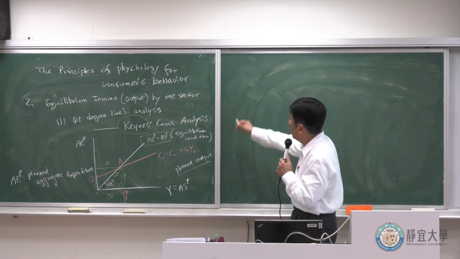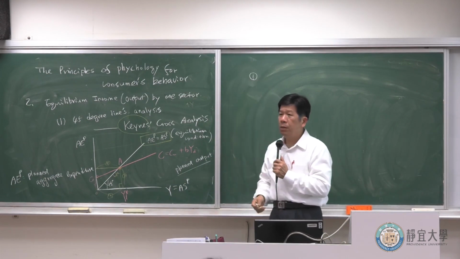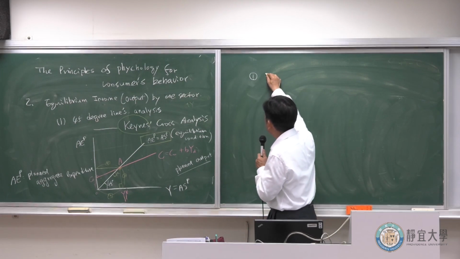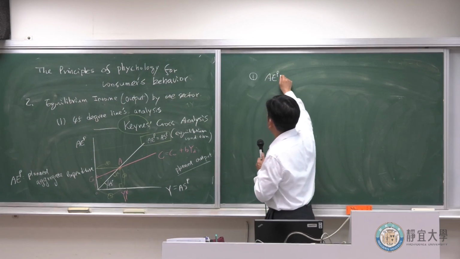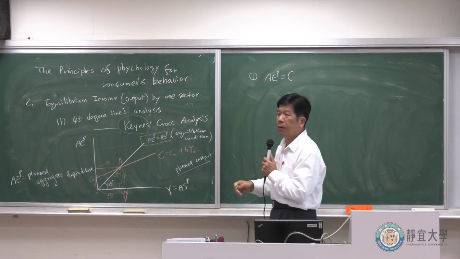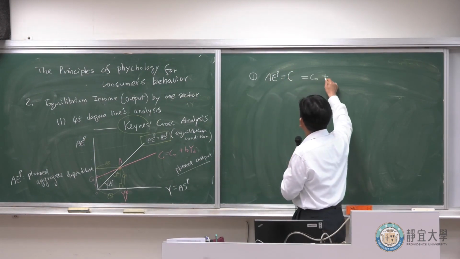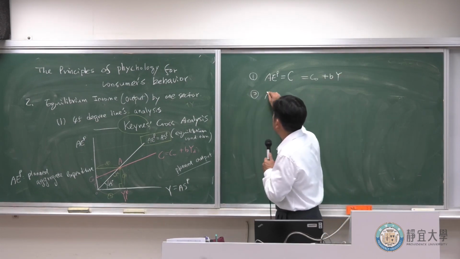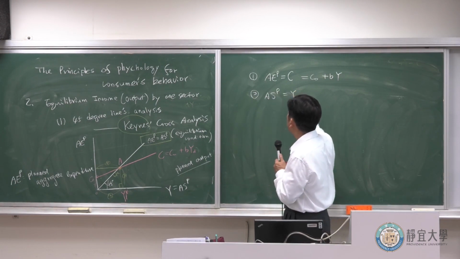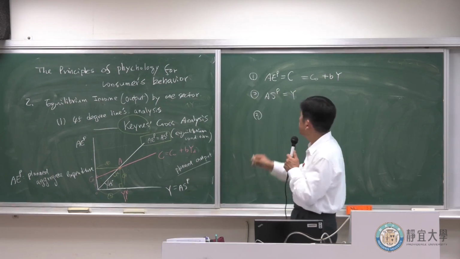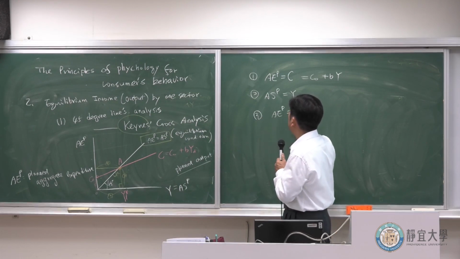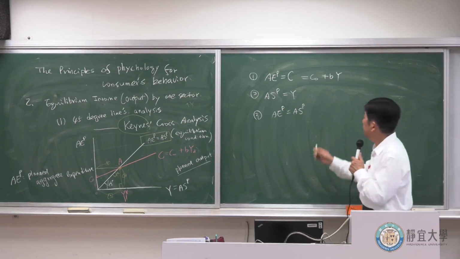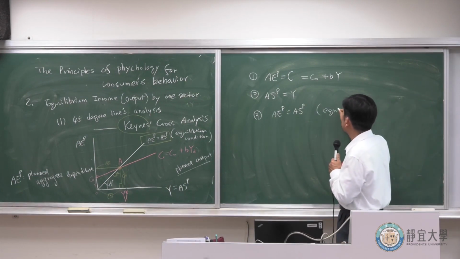Here in the mathematics, you can write down: first, AEP equals C, and C equals C0 plus bY. Second, ASP equals Y. And third, AEP equals ASP. So you can see this is the equilibrium condition.